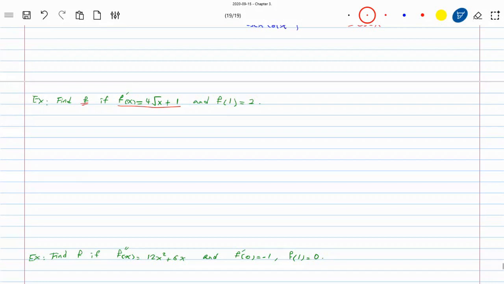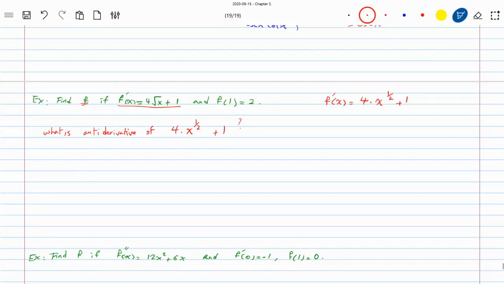So I'm going to think about f prime of x as 4 times x to the power 1/2 plus 1, and now if I want to go backward, the question becomes, what is the antiderivative of f prime, 4 x to the power 1/2 plus 1?